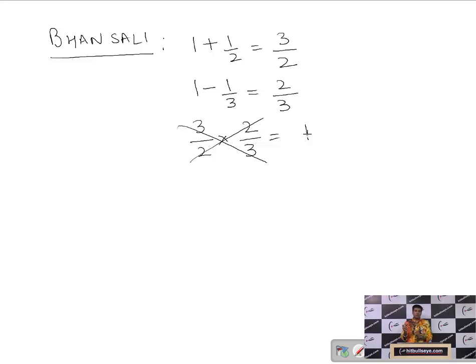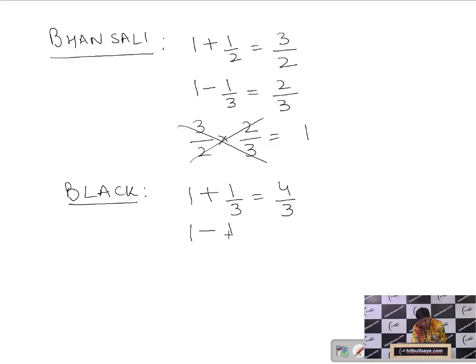Now let's talk about Mr. Black. In case of Mr. Black, we had his salary first was increased by 33 1 by 3%, which means 1 plus 1 by 3, which is 4 by 3. And the second effect was, it was decreased by 50%.